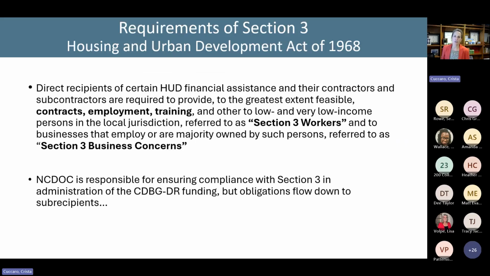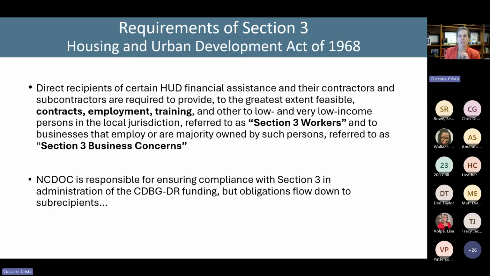And here's a little bit more detail about what is required by Section 3. You'll see a couple of terms here: Section 3 workers, Section 3 business concerns. These are defined terms under Section 3 of the Act. I'm not going to get into all the details here in terms of definitions, but you can take a look, of course, at those regulations.